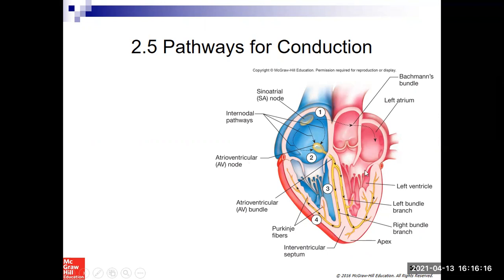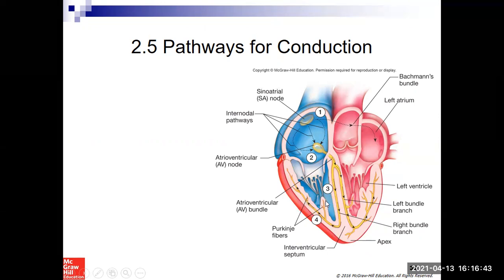All right, so again, knowing the heart is going to help you look at this and be able to differentiate the locations here, but we do have that SA node and the AV node that we need to place, as well as the atrioventricular bundle. So that's the atrioventricular bundle, and it just branches off into two, which is considered to be the left bundle branch, as well as the right bundle branch.